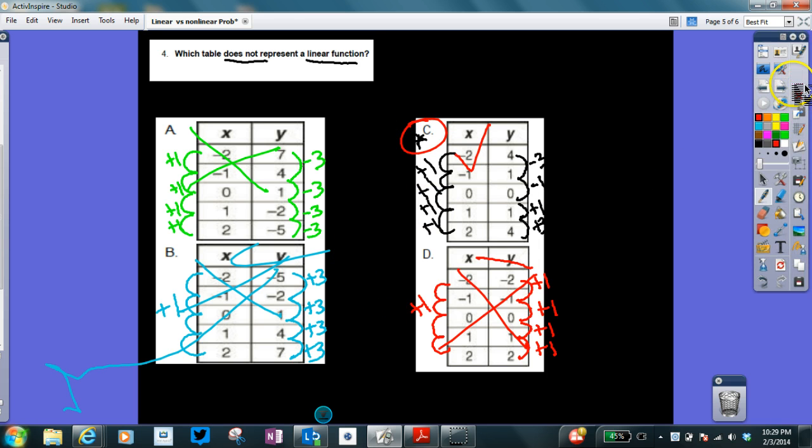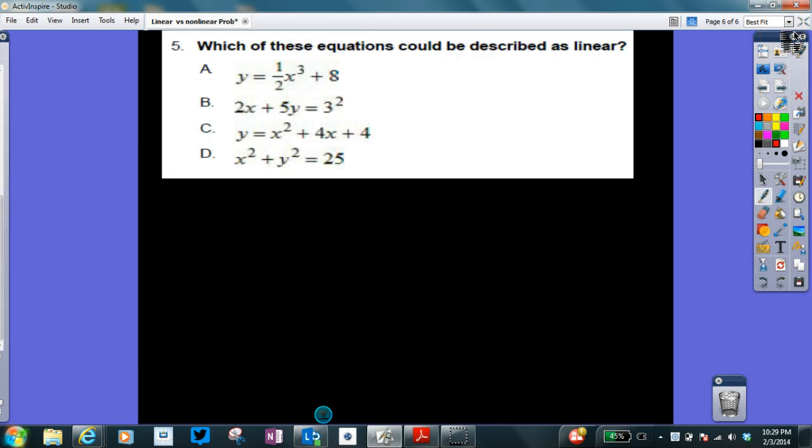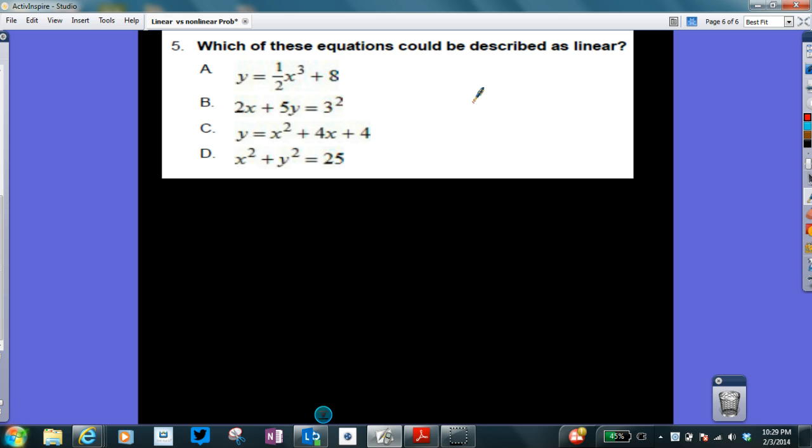All right, I just have one more of these that was on your probe, and this one, it's which of these equations could be described as linear? And this one can be tricky, or we could look at this one, and really this is on a test. This is one you can just look at and know without doing one bit of work.